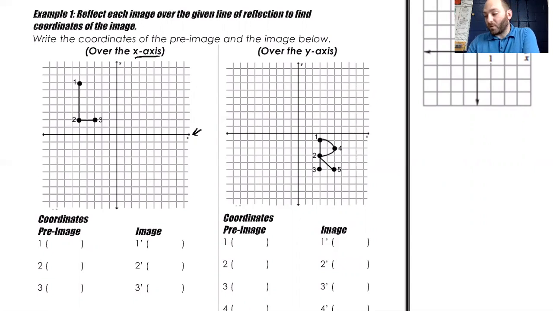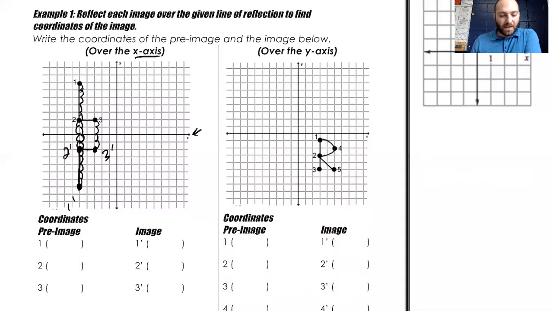So my pre-image for 1, I've got 1, 2, 3, 4, 5, 6, 7 spots away. So I'm going to go another 7 spots. 1, 2, 3, 4, 5, 6, 7. So there's 1 prime. 2 is only 2 spots away, so I'm going to go 1, 2 right here for 2 prime. And then 3 is 2 spots away, so I'm going to go 1, 2 down here for 3 prime.